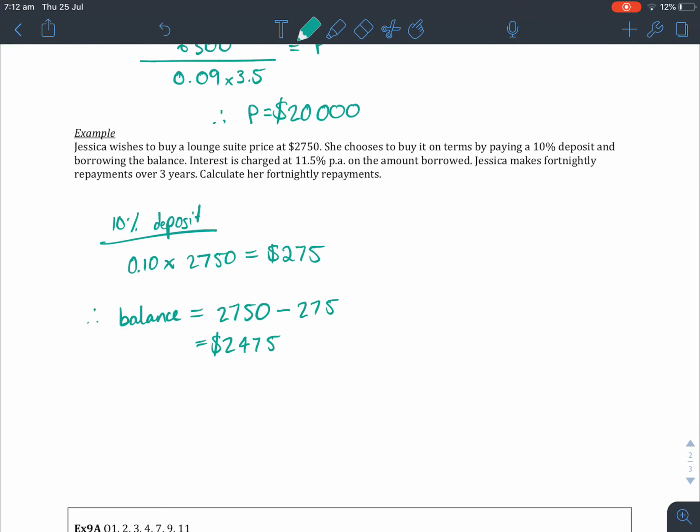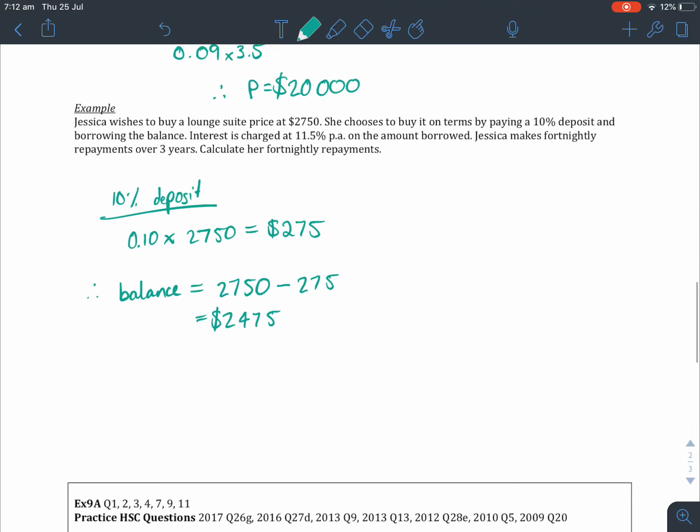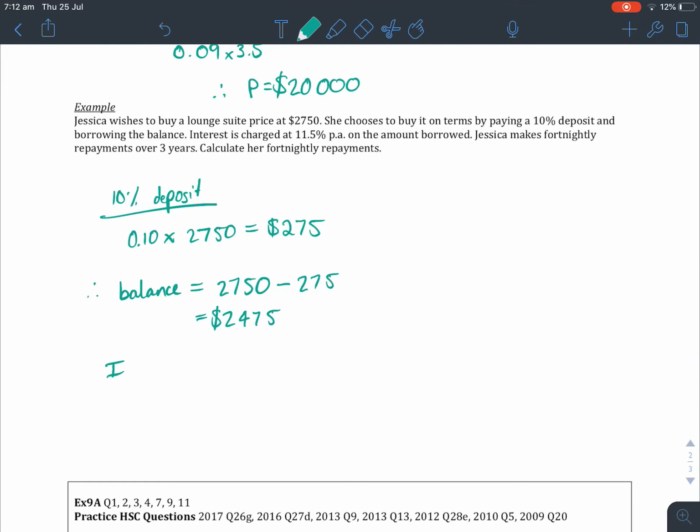Now, the bank is happy to loan it to her. However, they're going to charge her some interest. And these are the bank's terms. They say, we will charge you 11.5% interest per year on the amount that you're borrowing. All right, let's work that out. Interest equals PRN.